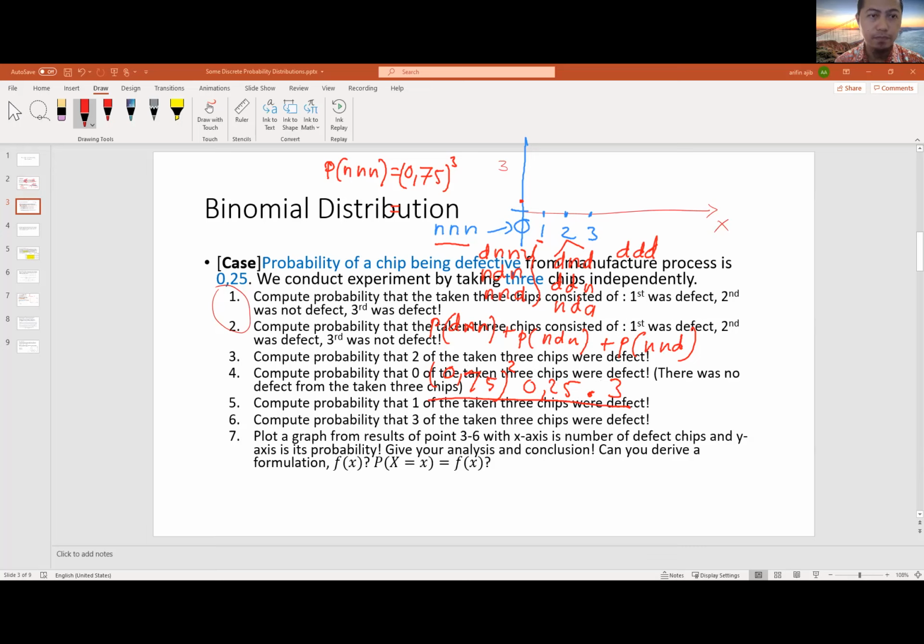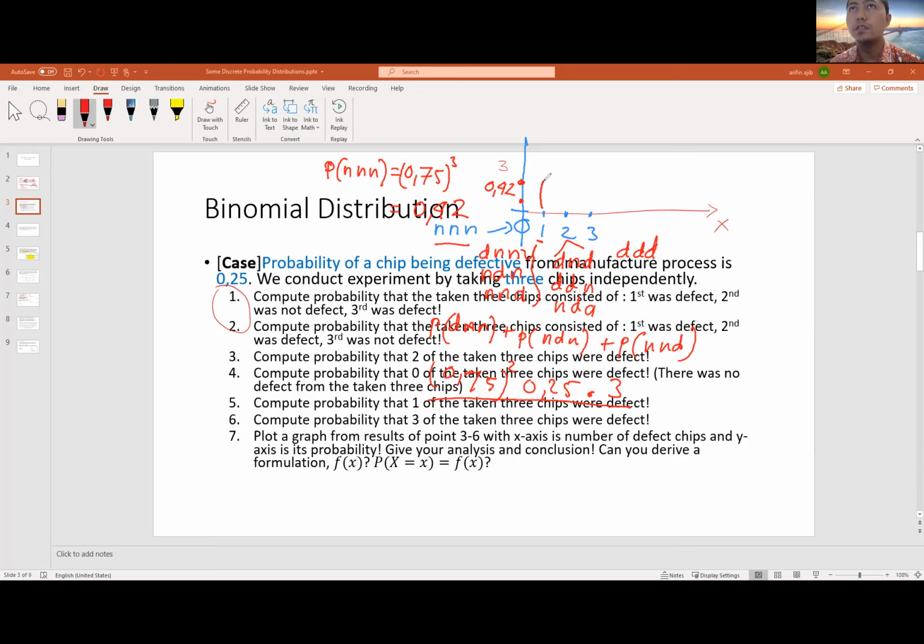So, wait a moment, 0.75 power by 3 is around 0.42. And for this one, 0.75 power by 2 times 0.25 times 3.